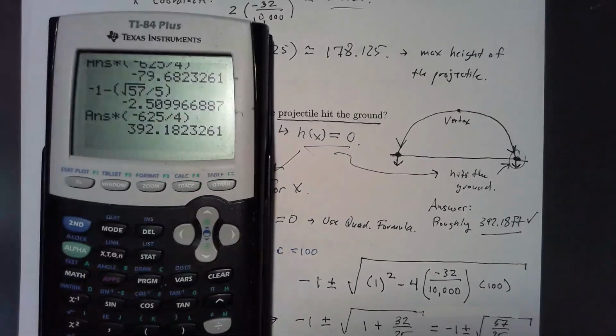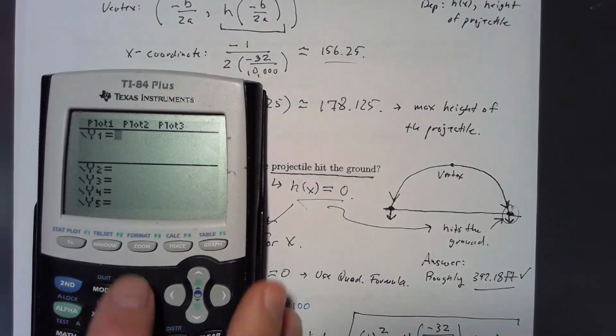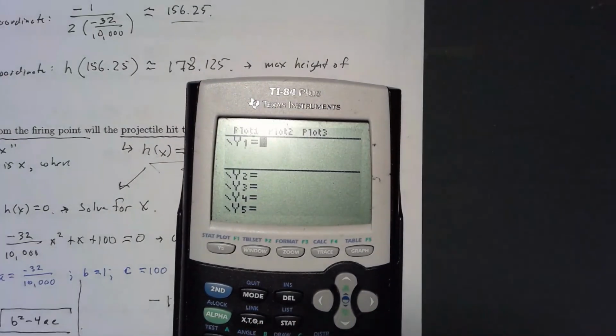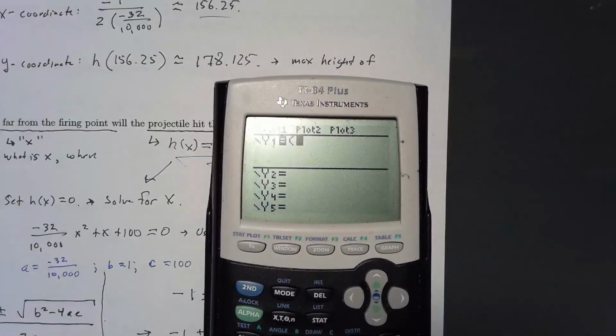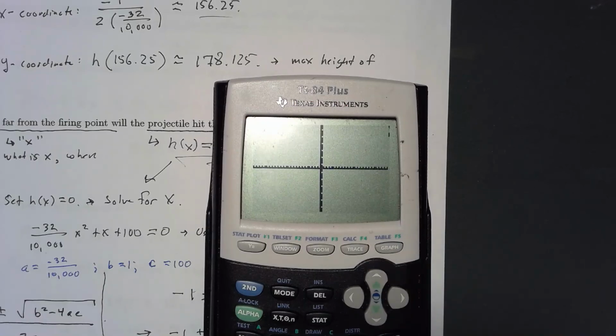And if you were to type this quadratic in your calculator, negative 32 divided by 10,000 times x squared plus x plus 100, let's graph it.